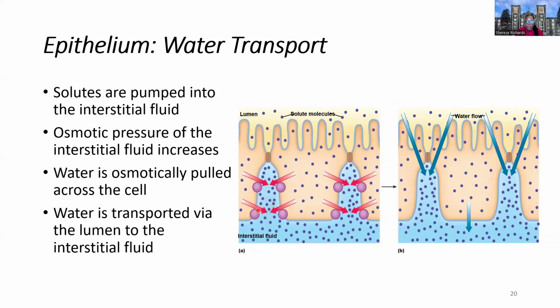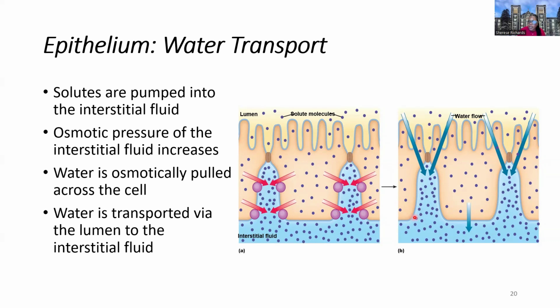So higher solutes are going to be here in the interstitial fluid. Lower solutes are going to be out here in the lumen. And so water is going to move passively across the cell, especially in between here, and go right into the higher solute concentration because of the gradient that is created by the initial pumping of the solutes, okay?